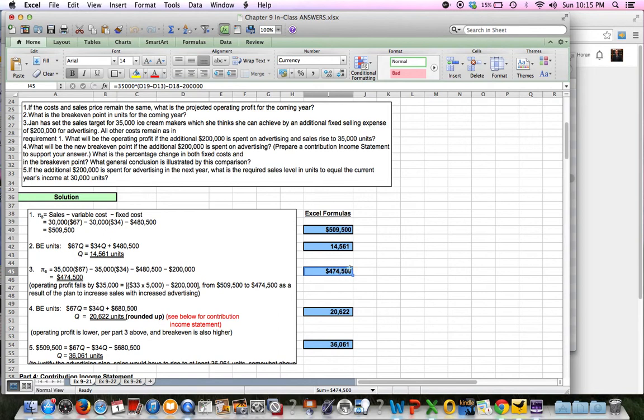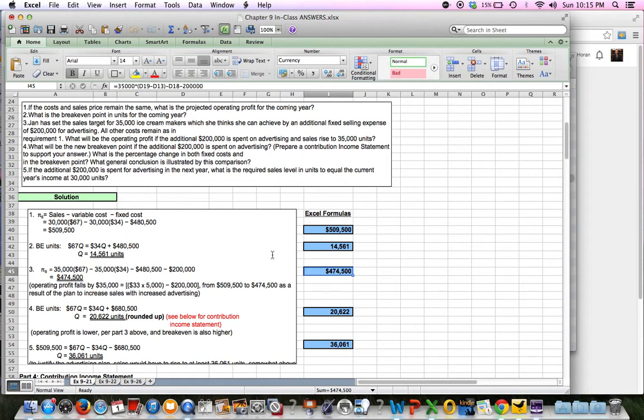So she's taking 35,000 units times her sales of 67 minus her variable cost of 34 to get $33 worth of contribution margin, minus D18, which is her fixed cost, minus $200,000.